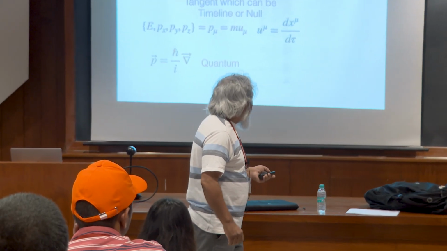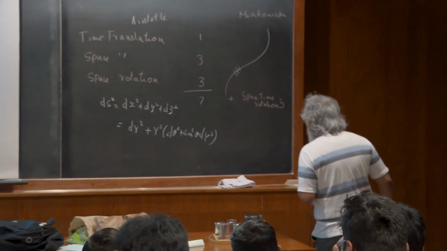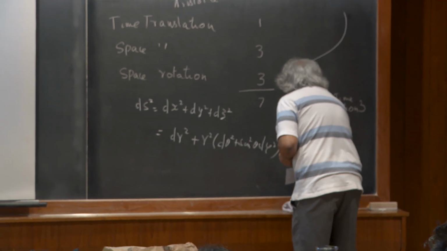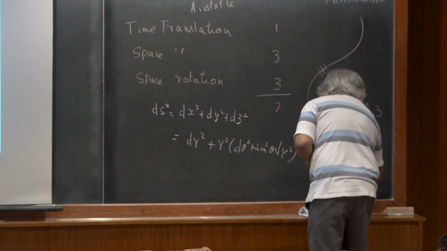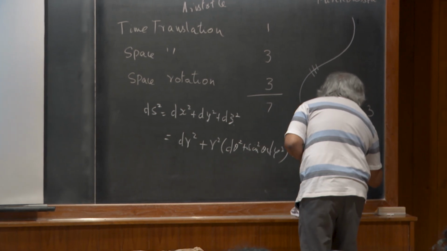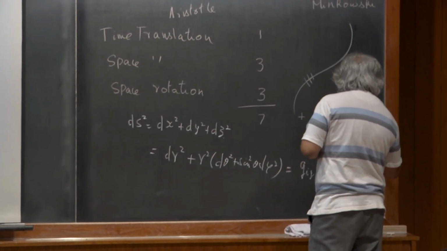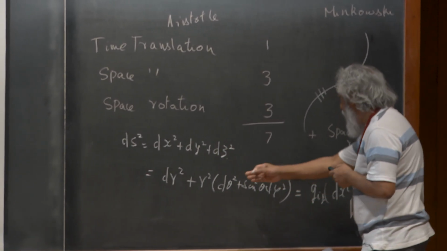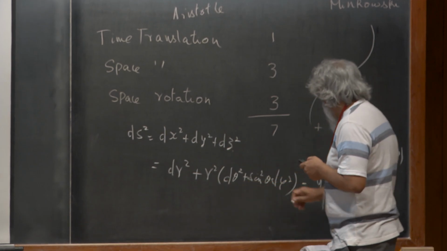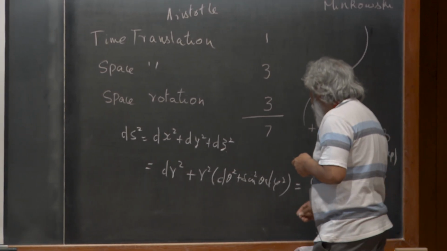So here, what we are doing is writing the distance in this form. You can write this as g_ij dx^i dx^j, where now x are generalized coordinates consisting of r, theta, and phi. And these can be dependent on, you can see that it depends on r and on theta. So in general, it can depend on all the coordinates.